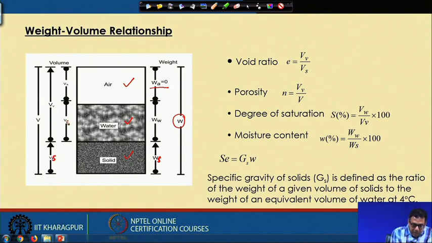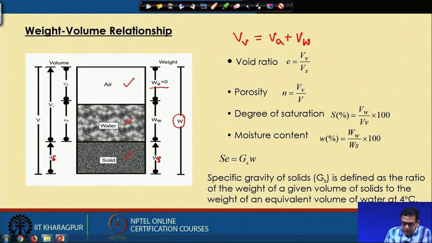The volume of water plus volume of air is termed as volume of voids, V_V. So, we can write V_V is equal to V_A plus V_W, and the total volume is equal to volume of voids plus volume of solids.